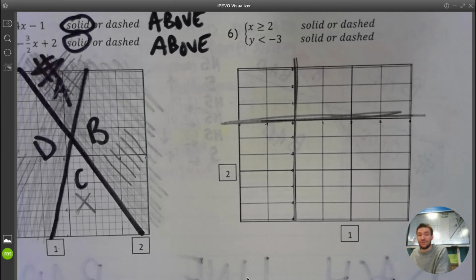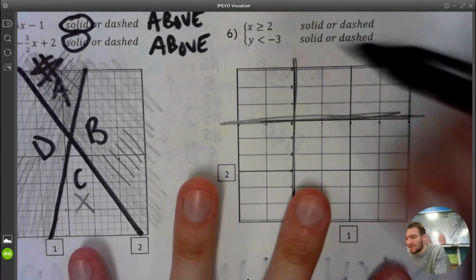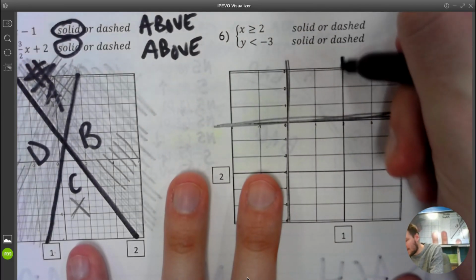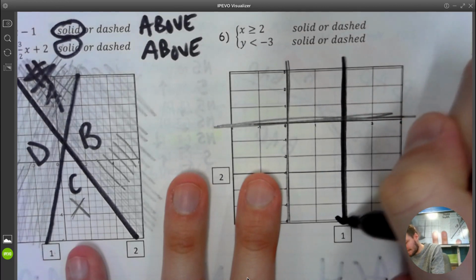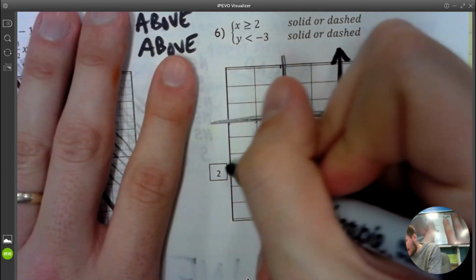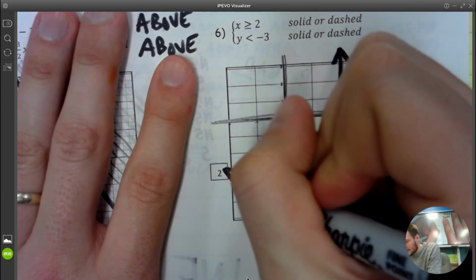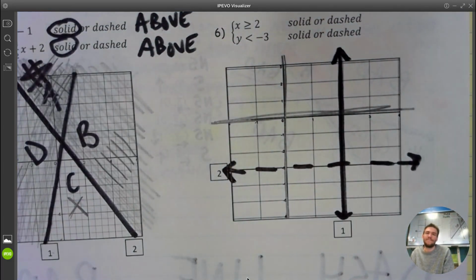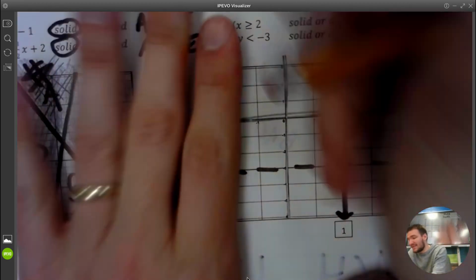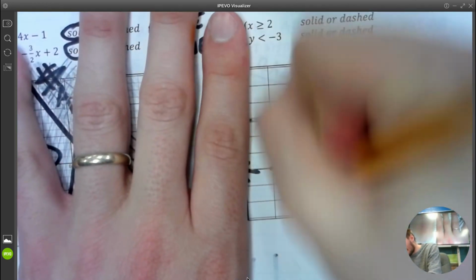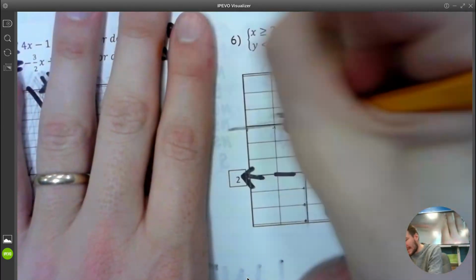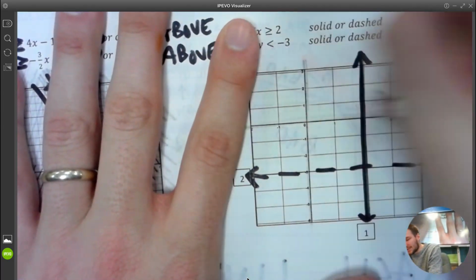Then we have two graphs. We have graph 1, which is right here, and we have graph 2, which is a dashed line, which is right here. And so at the end of the day, this y-axis and this x-axis, we don't really care about that too much, to be honest.